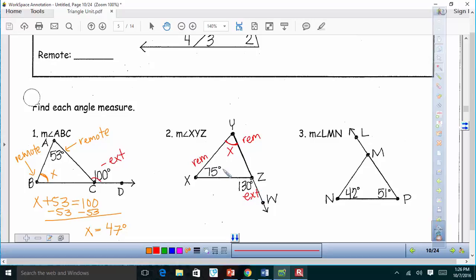Exterior. So we're going to do remote plus remote equals exterior. So 75 plus x equals 130. To find x, we subtract 75 from both sides, and x equals 55 degrees.